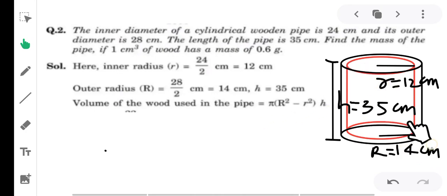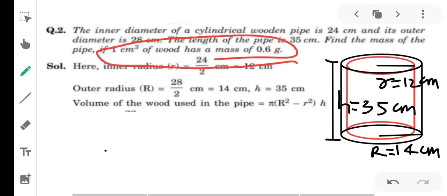And the height you can see is 35 centimeter. The length of the pipe is 35 centimeter, which is exactly the height of the cylinder, right? So find the mass of the pipe if 1 centimeter cube of the wood has a mass of 0.6 gram. यहाँ पर आप देख रहे हैं ये जो चीज़ है यहाँ पर, this value is very important. 1 centimeter cube of wood has a mass of 0.6 gram.